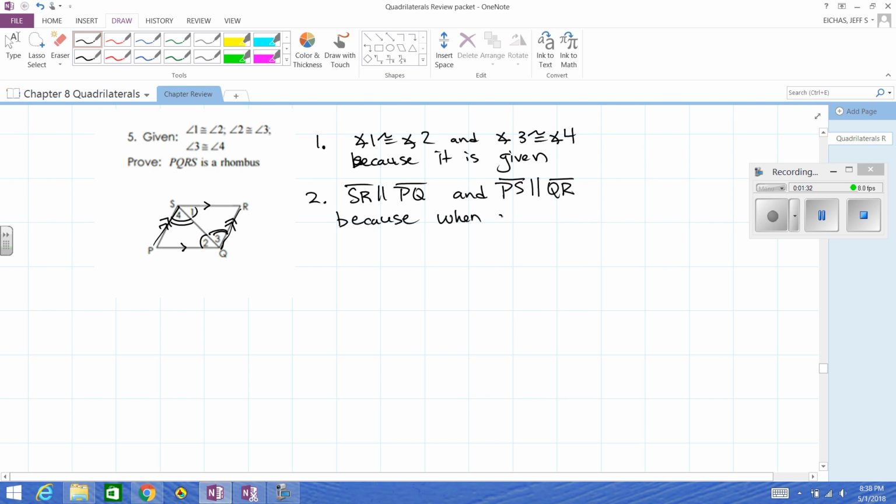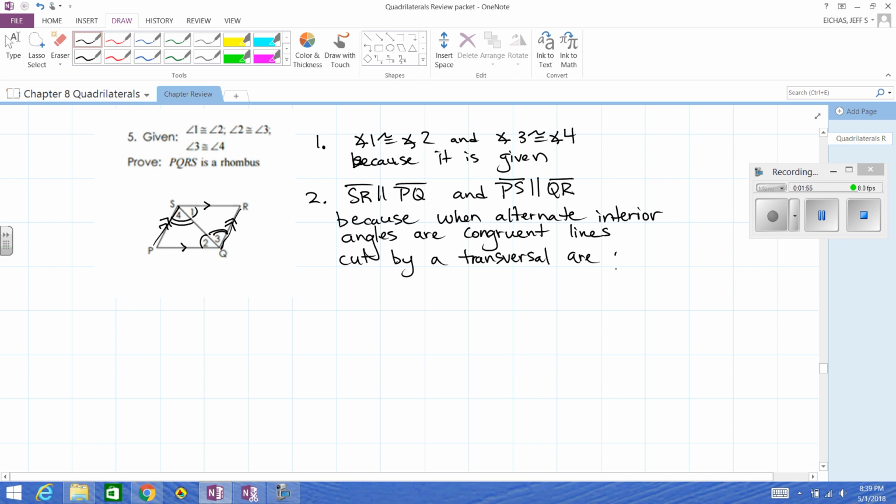Because when alternate interior angles are congruent, I'm going to write it out, lines cut by a transversal are parallel. Now, you could probably get away with saying alternate interior angles theorem, but I'm just writing it out to make sure we all know what that means.